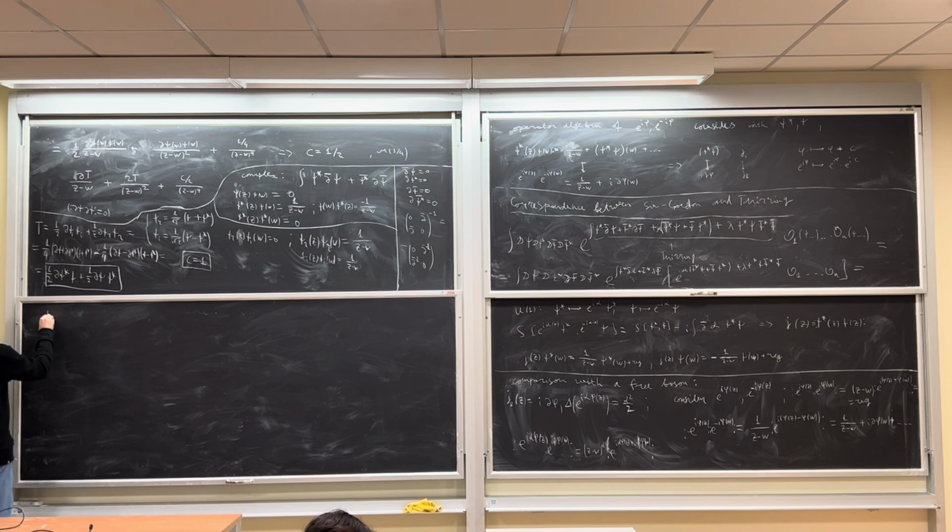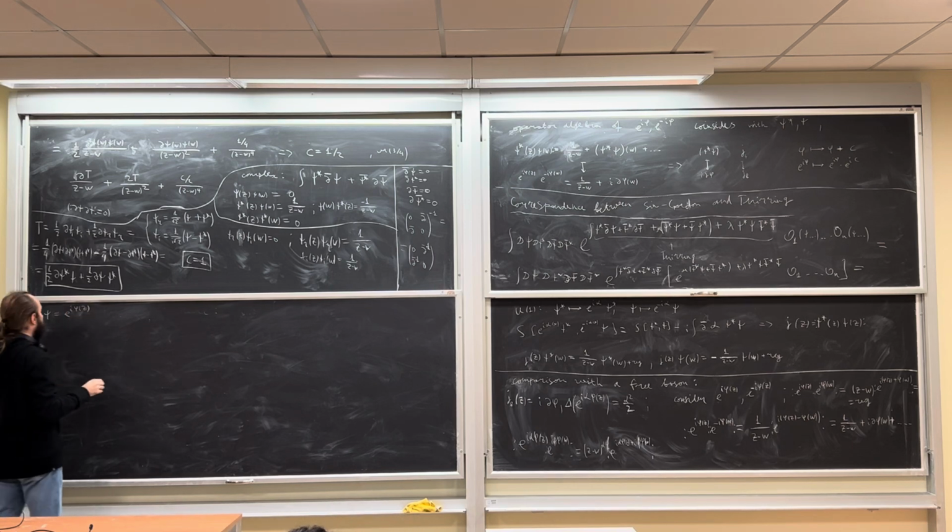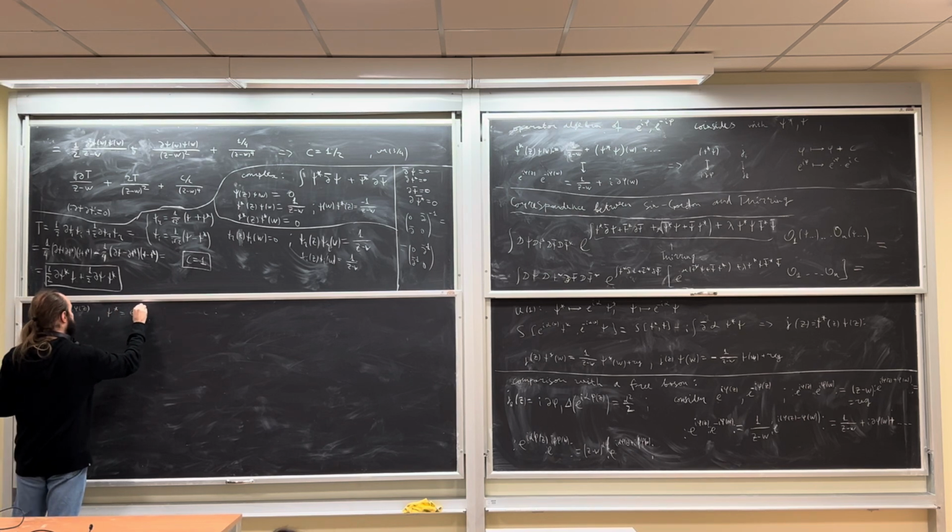So we can say that psi will be e to the I phi of z. Psi star will be e to minus I phi of z.